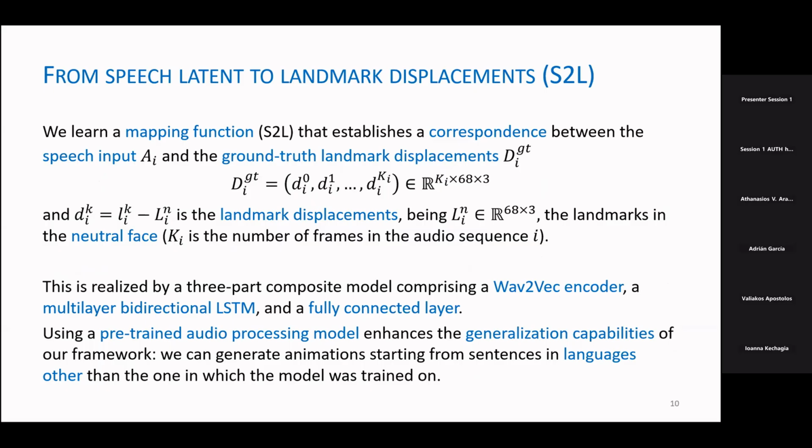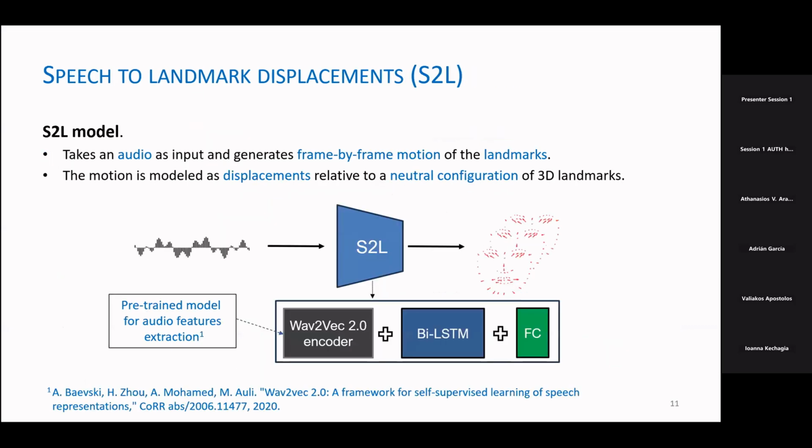Here you can see some details about the way we model the points, but it is something that I have already more or less mentioned, so I can skip these details and go instead into these figures that try to explain a bit more the architecture of the network. We have the speech signal, which is encoded with the Wav2Vec network.